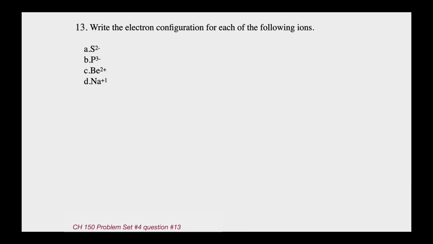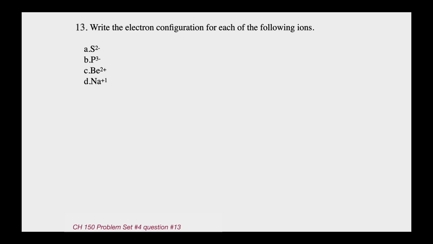Ions can also have electron configurations. So the first 2 are negative anions, and the last 2 are positive cations. And on all of these, what you want to do is start with the neutral atom and then add electrons if it's a negative ion, or take away electrons if it's a positive cation. So as an example of this, sulfur is neutral, has 1s2, 2s2, 2p6, 3s2, 3p4.